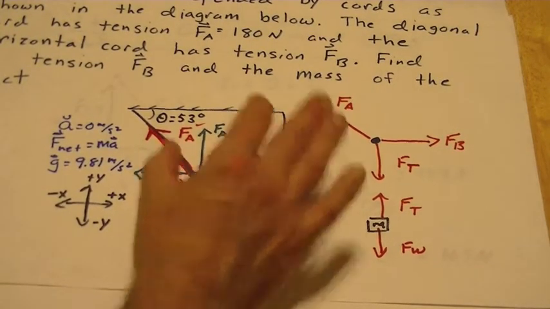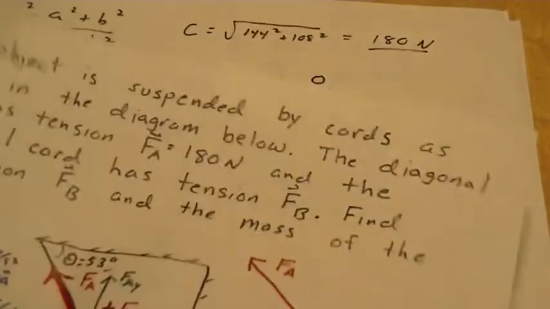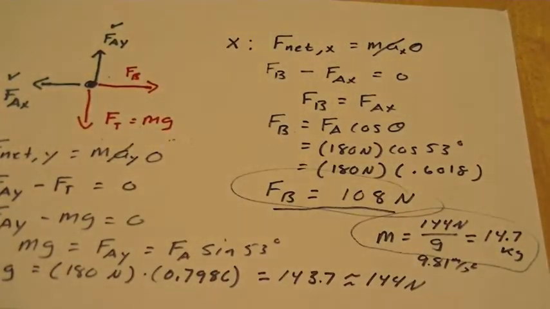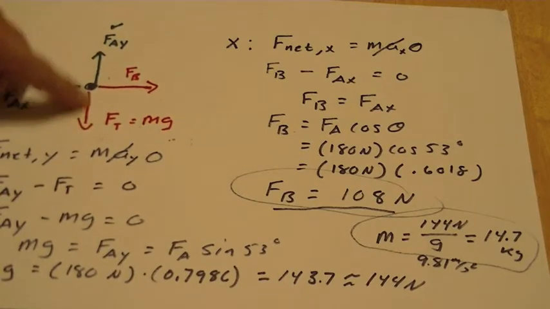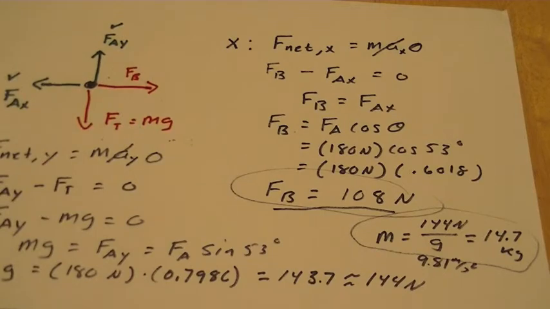Whenever I see a vector at an angle, I will be splitting those vectors into x and y components. And although it's confusing if you do it all in one picture, if you're careful about your components, your force problem will become a much simpler problem where you only have to deal with vertical forces in the y direction, horizontal forces in the x direction, and as long as you're careful organizing your information, you should be fine.